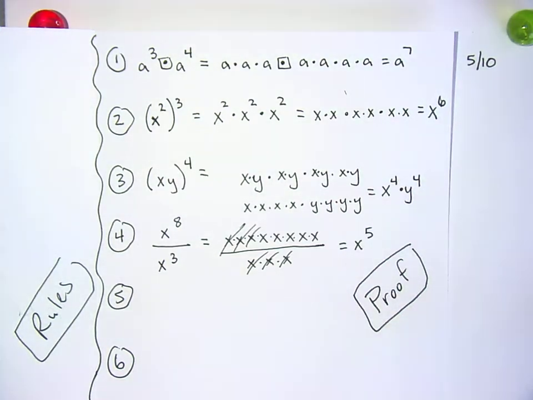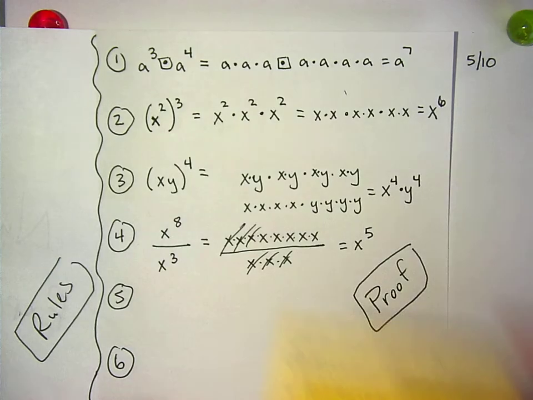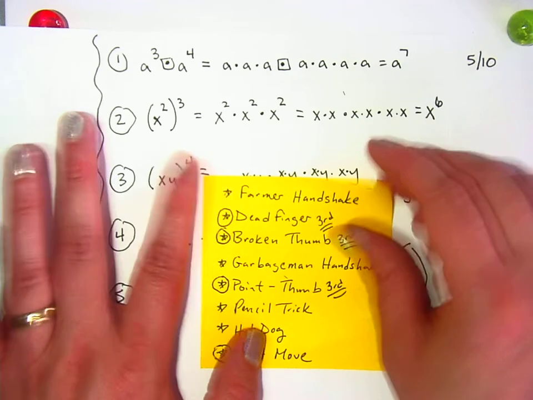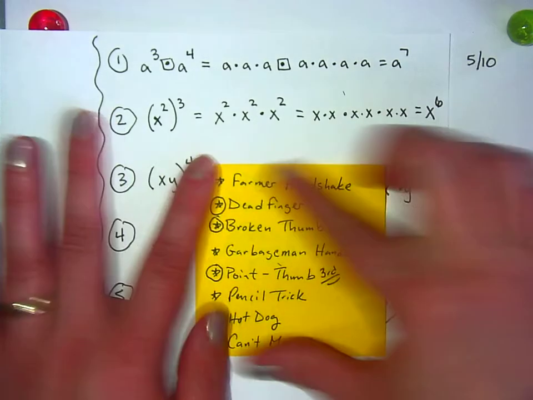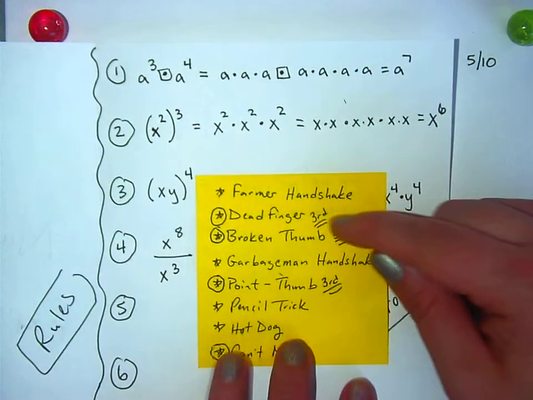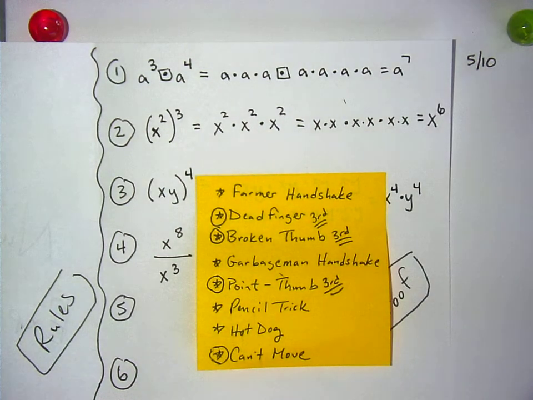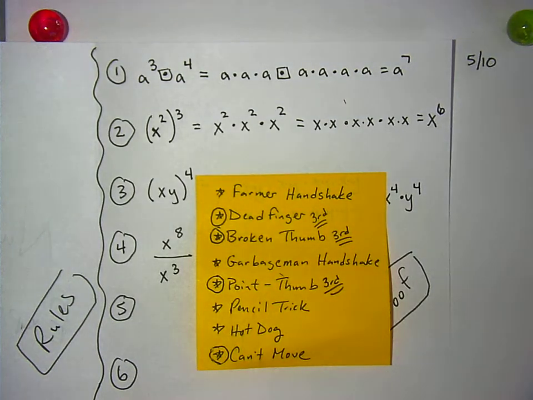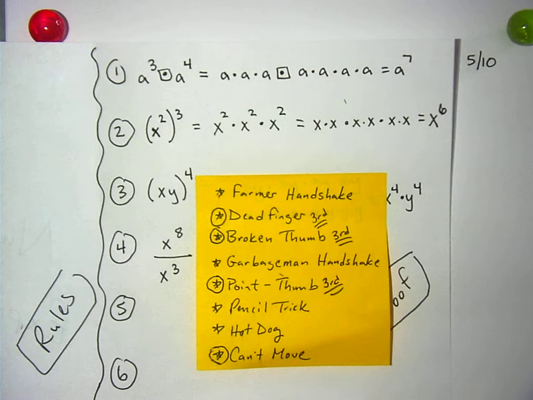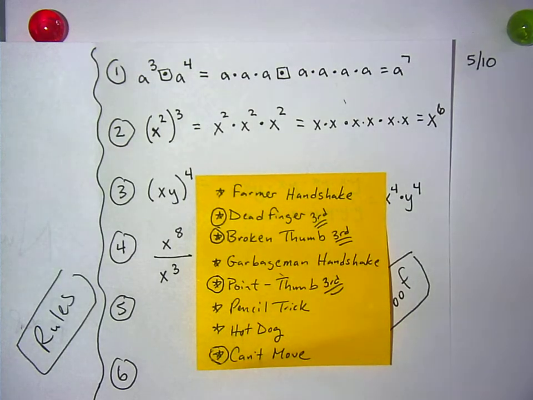All right, because we're doing a very boring lesson, all these exponential rules are boring. So here we go. What would you like to see? We've done dead finger, broken thumb, and the point thumb one. You want to see what? The farmer's handshake? Okay, I need a volunteer. Charlie, here. You okay with me touching your hands, Joe?